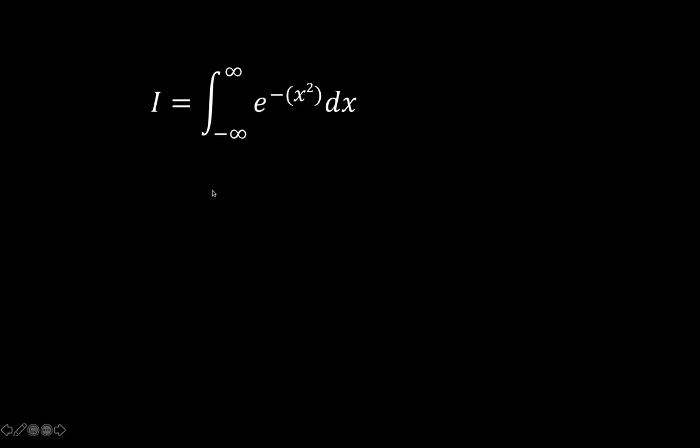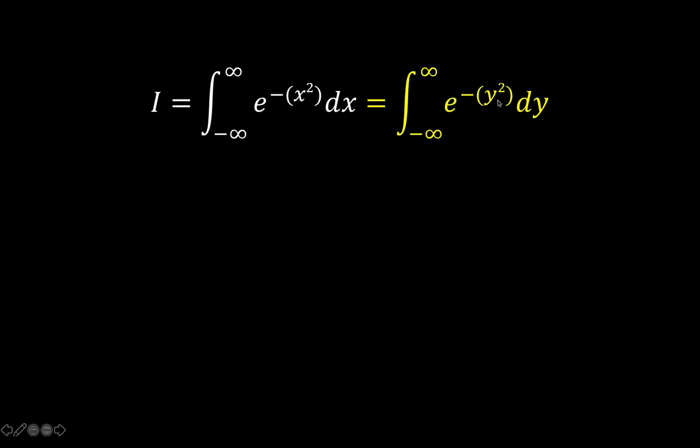To understand that, let's say we have this I, which is equal to the integral of e raised to negative x squared dx from negative infinity to positive infinity. This integral is also equal to another integral of the same form, even if the variables are different, because the variables here are just dummy variables.